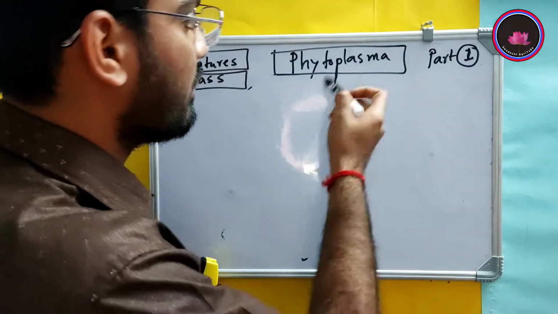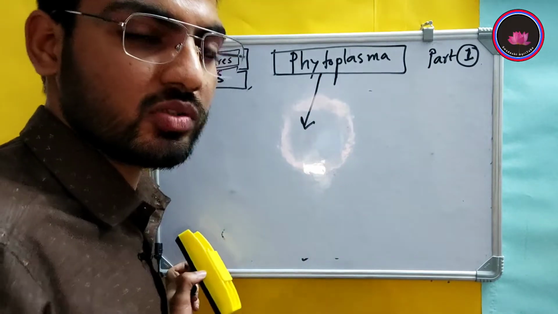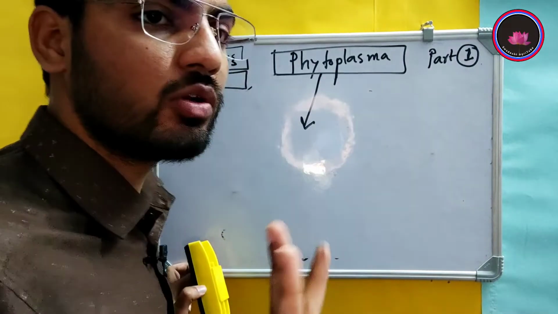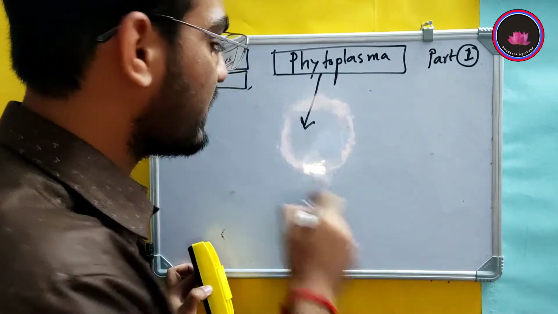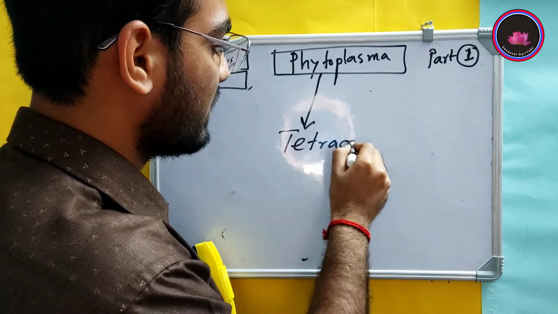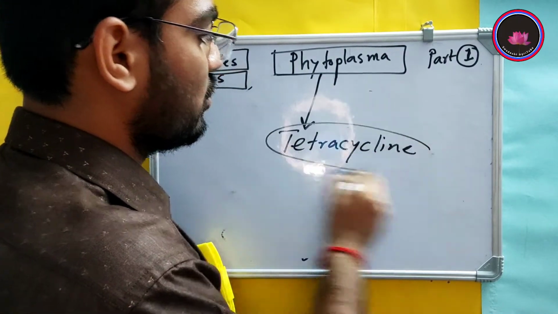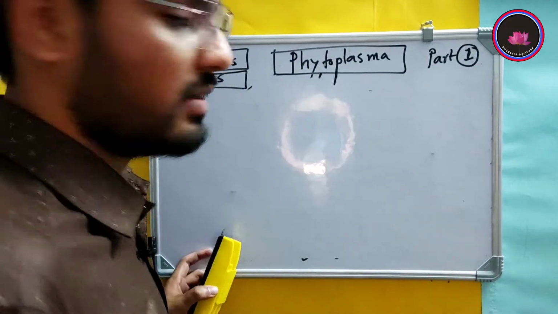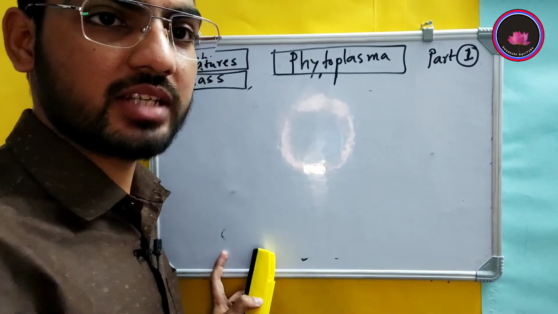Another important point about the phytoplasma is that, as they have no cell wall, penicillin will not work on them. That's why tetracycline is used to kill them. Now the question is, how is phytoplasma transmitted?